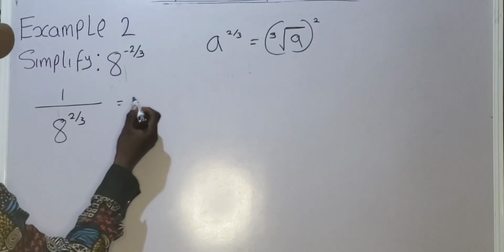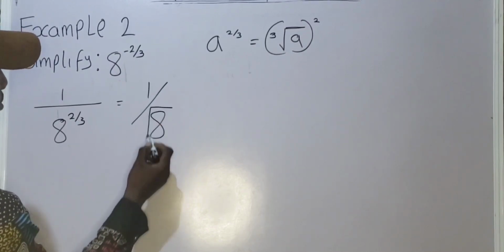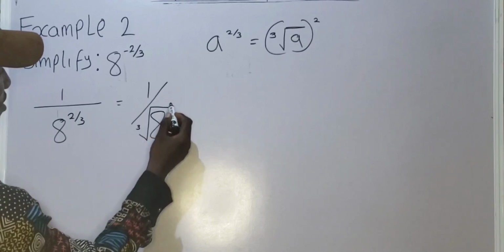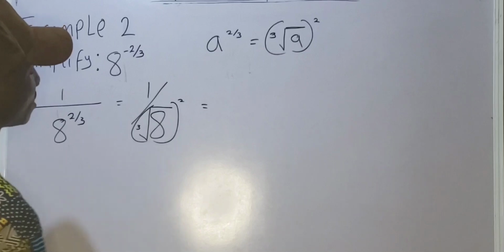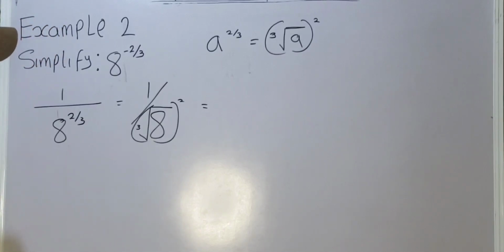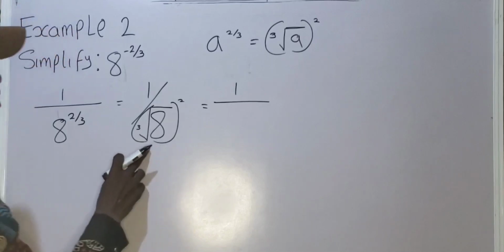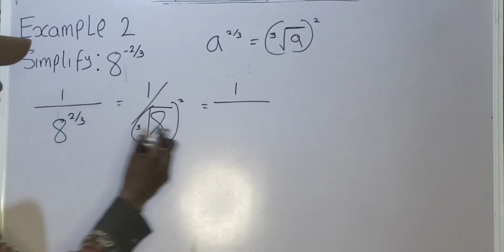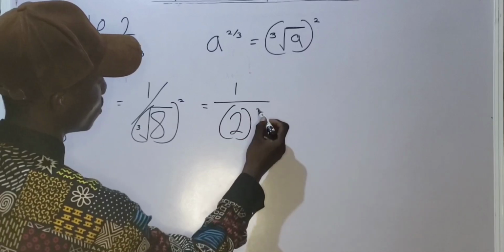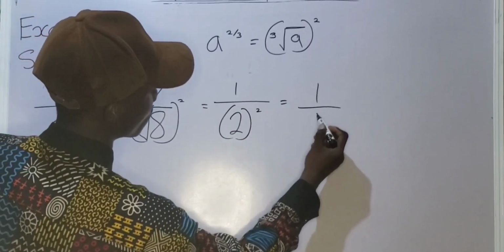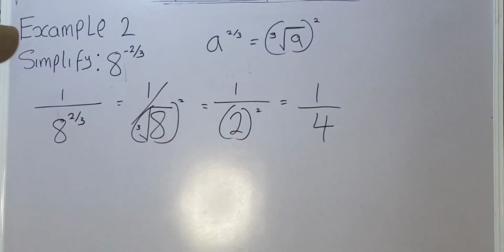This can be written as 1 over the cube root of 8 raised to the power of 2. Now, for this, the cube root of 8 is what? 2. So I'm going to have 2 raised to the power of 2. So we're going to have 1 over 4. So the answer to this question is 1 over 4.